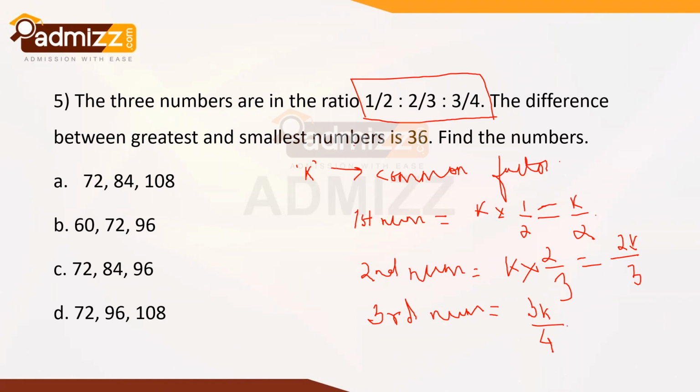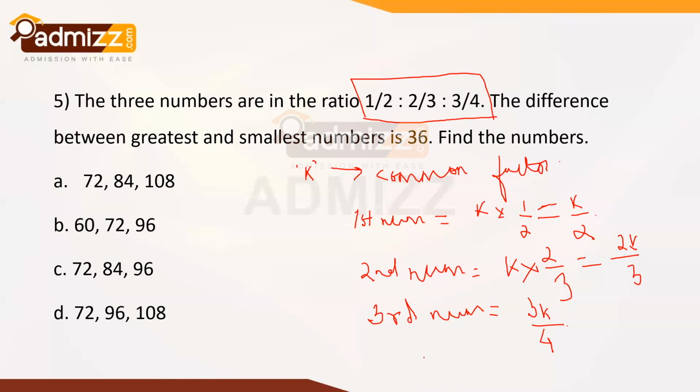Now, what we are also given is that the difference between the greatest and the smallest number is 36. Judging by these ratios, we know that 3:4 is definitely greater than 2:3, which is definitely greater than 1:2. So 3:4 must be the ratio of the greatest number.